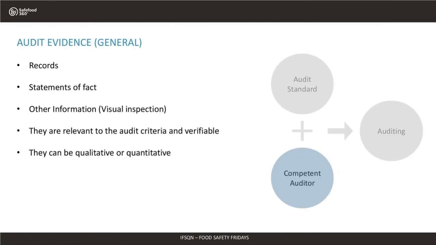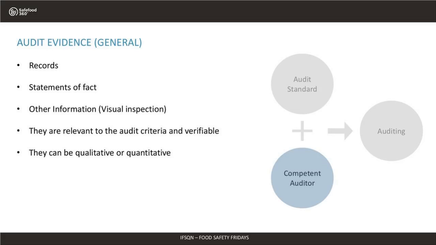The other key component of good auditing, it may seem obvious, is a competent auditor. It doesn't matter how well you define the requirements. If the person doing the inspection, the check and the audit is not competent to do it, the quality of your audit and its outputs will most likely be poor. Competency can vary depending on the type of audits you're doing.